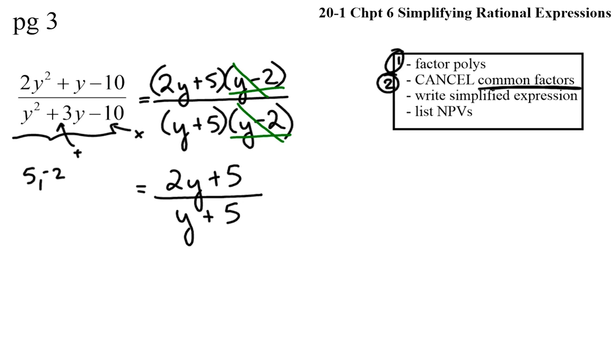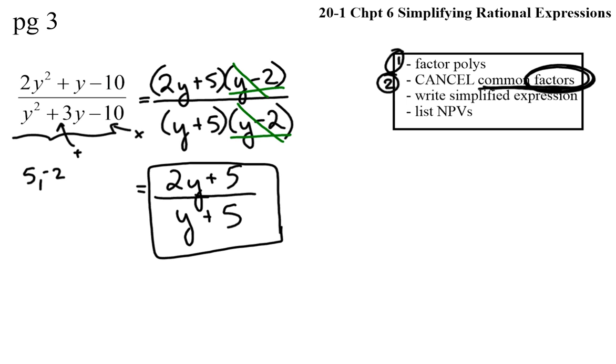As I talked about, people want to cancel too much, oh look, the 5s will cancel. But I can't cancel those because the 5s are not factors. We have to cancel factors. The 5s are terms in those factors. They can't be canceled. So there's our simplified form.